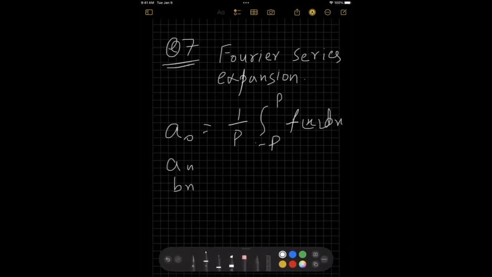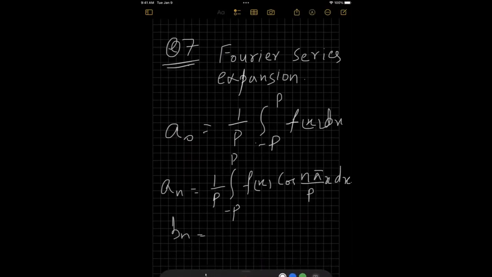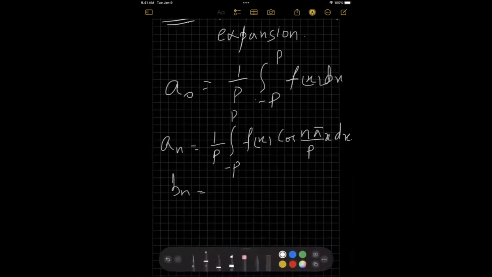AN is the same formula, but multiply the function with cos of n pi x divided by P, dx. For BN, same formula, but multiply it with sine of n pi x. They are not hard to memorize, but keep it in mind. If they don't give them, you should be ready for that.